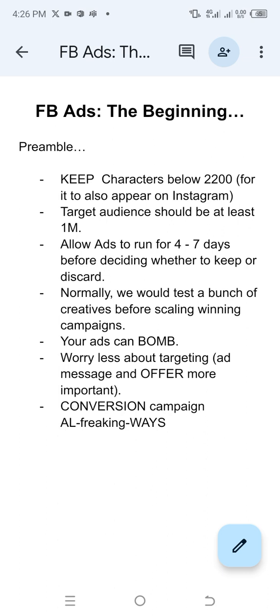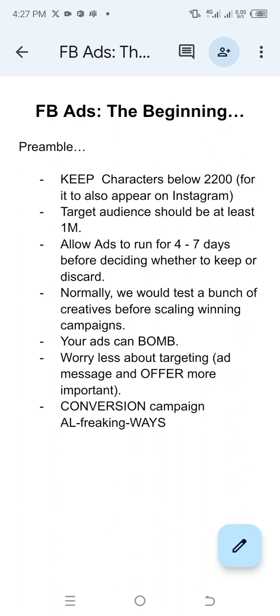For example, I recently started running an ad. I think that was Friday. I started running that ad on Friday, four days ago. Today's Tuesday. On the first day, I put 5,000 naira as a daily budget, to test as a startup.